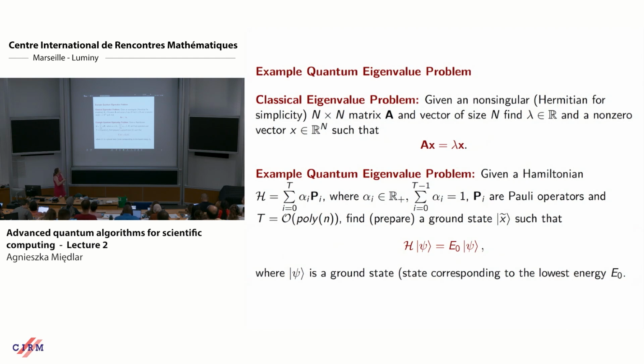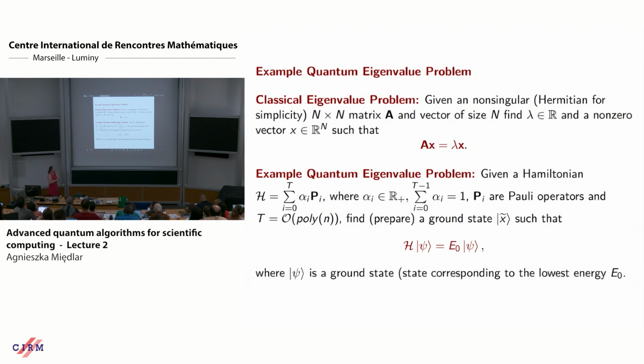Given a matrix A, we want to find lambda. If it's Hermitian, we know that the eigenvalues are real. So we want to find lambda and a non-zero vector x such that Ax equal to lambda x is satisfied.